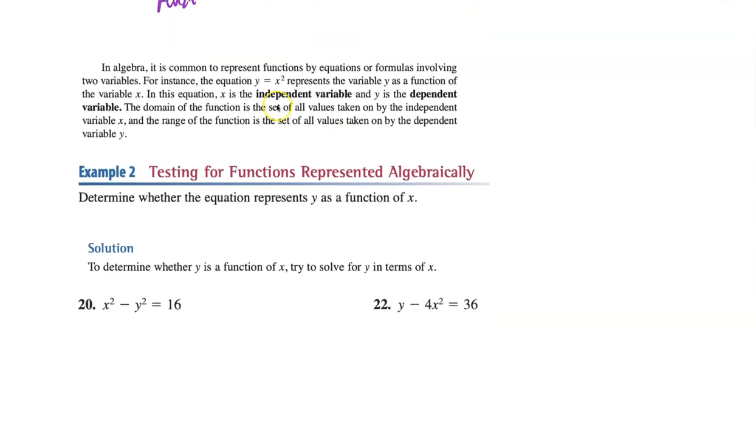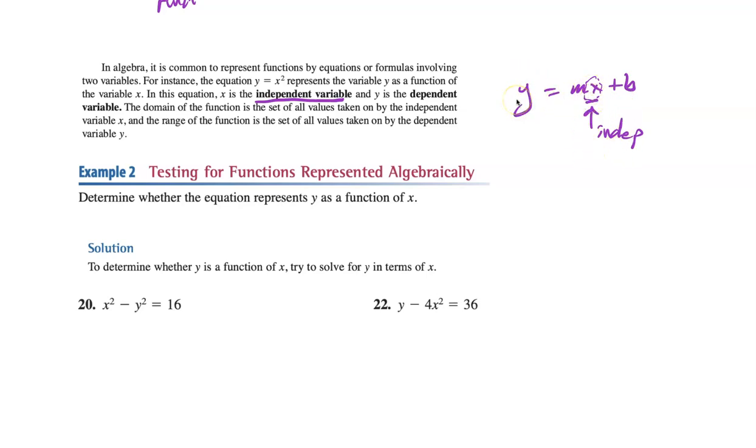Okay, how about independent and dependent variables? If you think about an equation, the independent variable is the one you generally plug into. The one you're plugging into, the x values, is generally considered the independent variable. If you're going to plug numbers into it, and that changes, right?